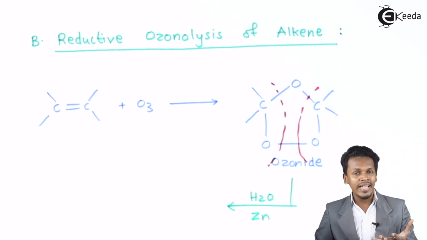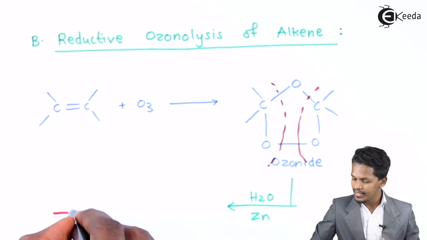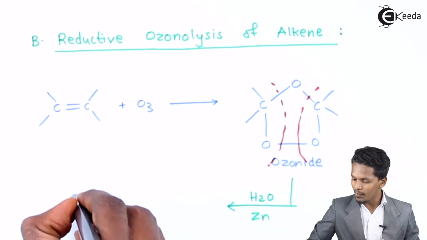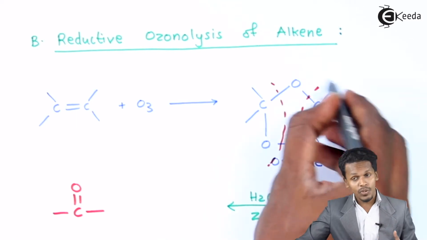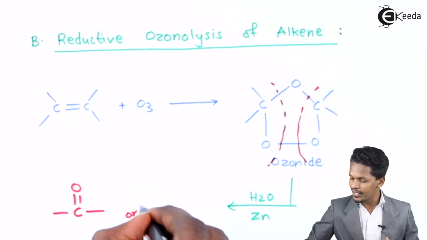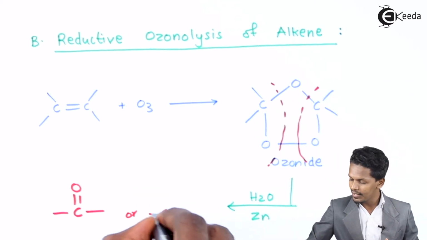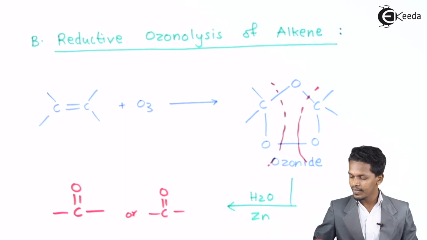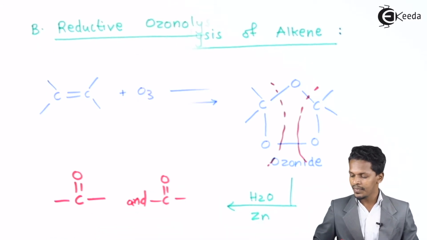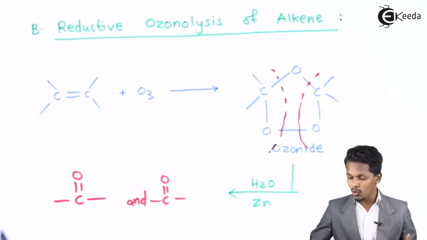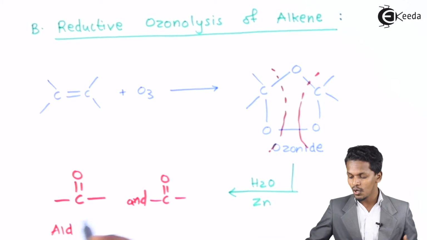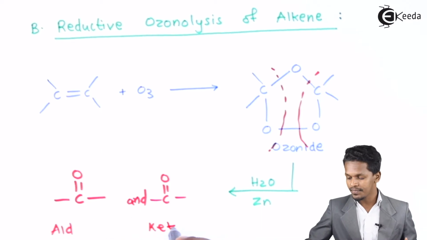So the products that we could get will be C double bond O, and another product that is C double bond O. So this is what we have got over here. The product we have formed could be an aldehyde or a ketone, or sometimes it could be both.